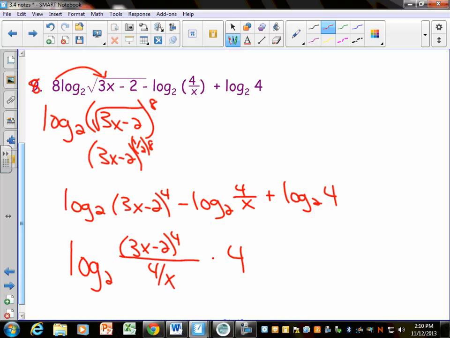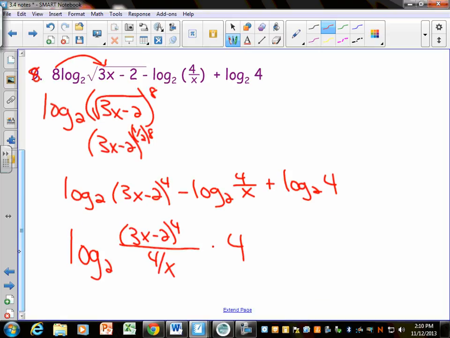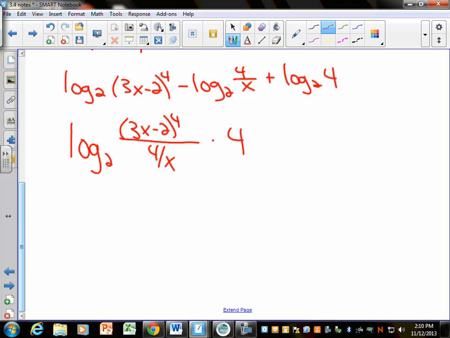Do we leave fractions in a fraction? How do we get rid of a fraction in a fraction? Can we just multiply by the reciprocal? So this is multiplied up, so would that be the same as times x over 4? That's the same as dividing by 4 over x.